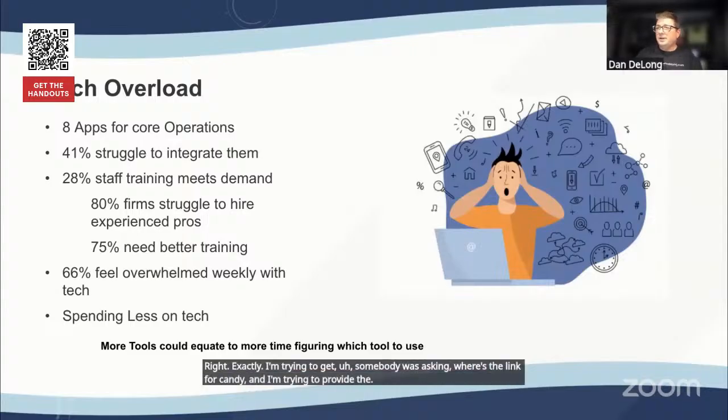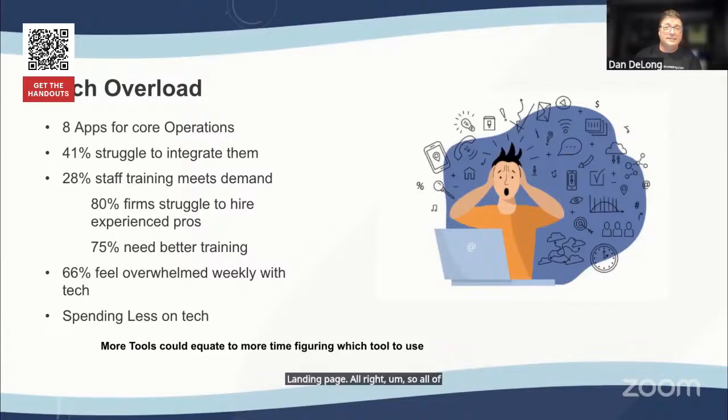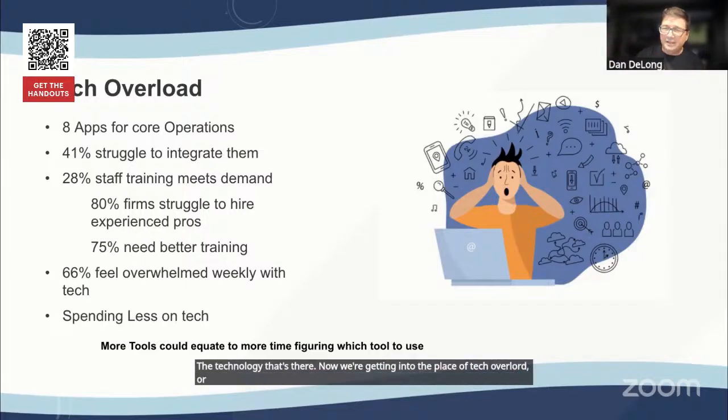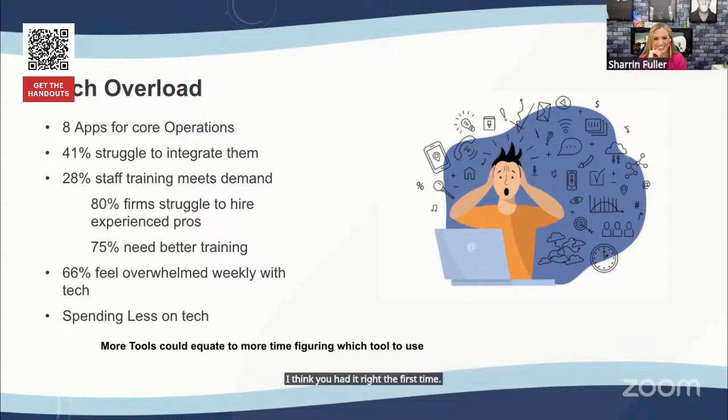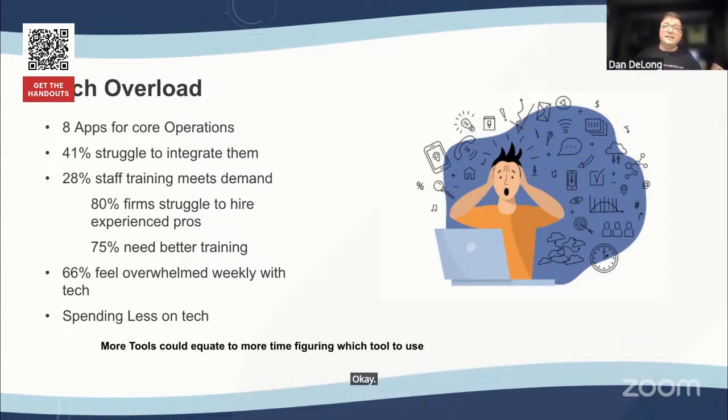All right. So all of this is in service to the technology that's there. Now we're getting into the place of tech overload, excuse me, not an overlord. I think you had it right the first time. We're beholden to the technology, right?